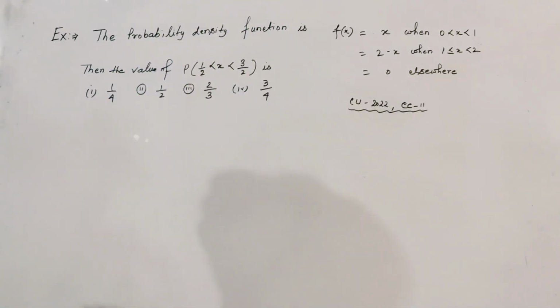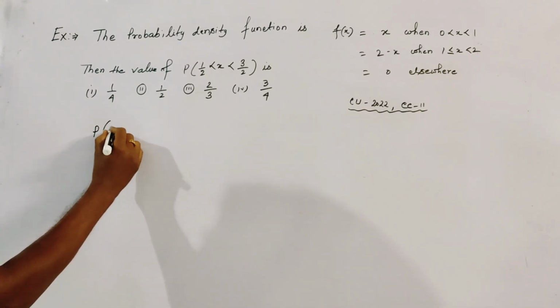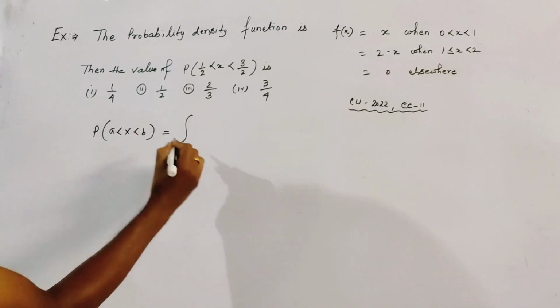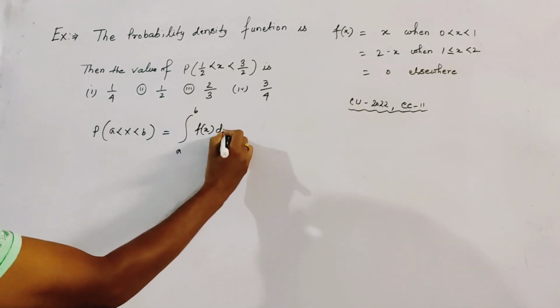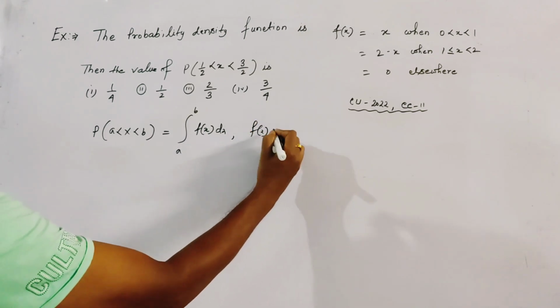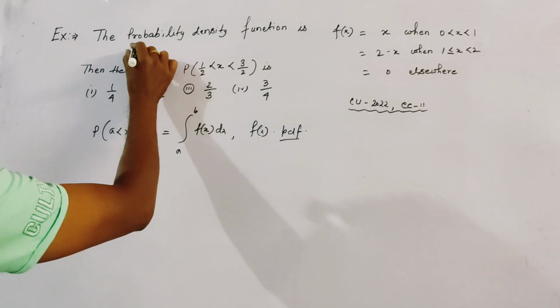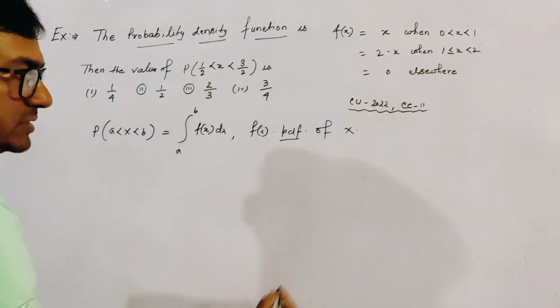And we know the formula: probability of a < x < b is given by the integration from a to b of f(x) dx, where f(x) is the pdf, that is, the probability density function of the random variable x.